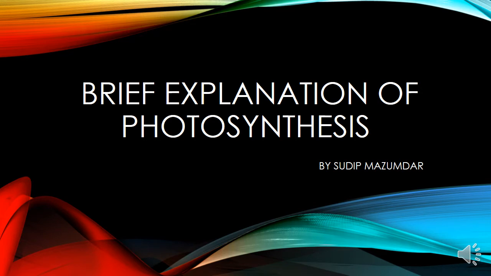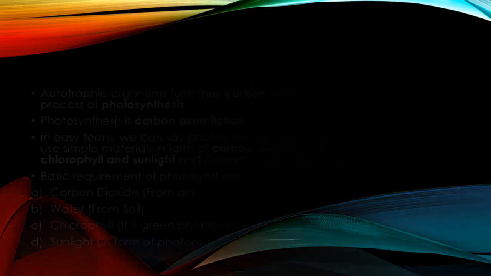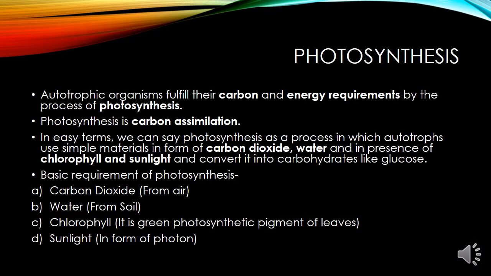Today I am going to discuss nutrition in green plants. Nutrition in green plants is done by a process which is called photosynthesis. Photo means light and synthesis means to build up, to make something. Autotrophic organisms fulfill their energy requirements by the process of photosynthesis.